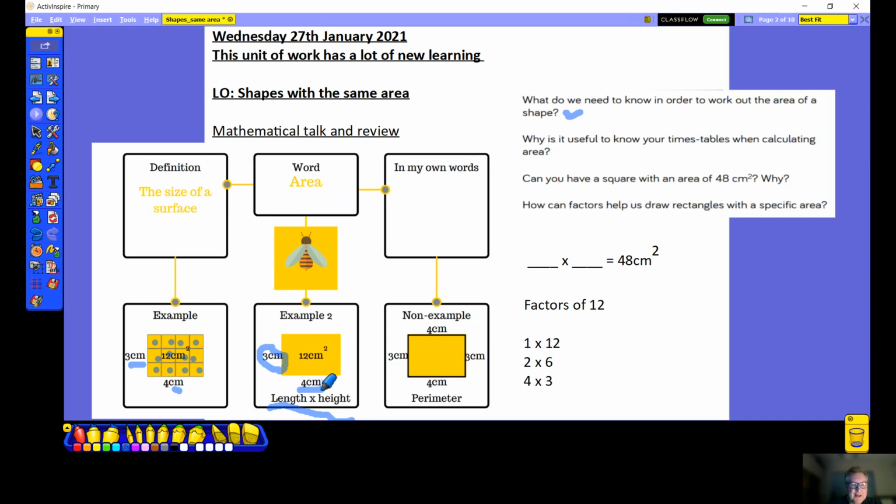If it was a square, all sides would be the same length. So times tables, 3 4s. Bingo, 12. How can you have a square with an area of 48 centimeters squared? Well, this is the way I looked at it. I was thinking, if something times something equals 48, is 48 a squared number?